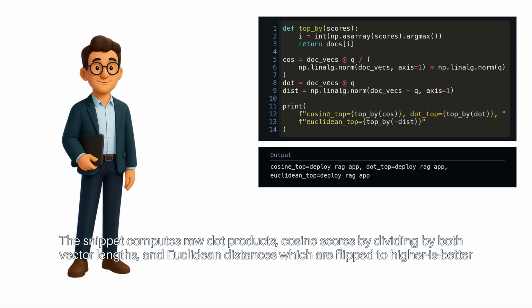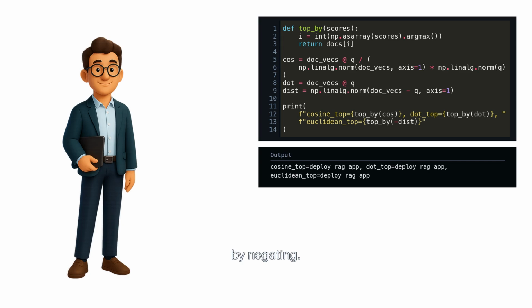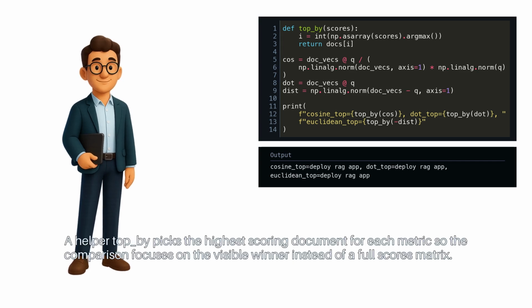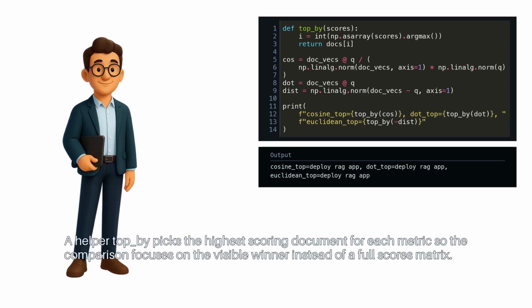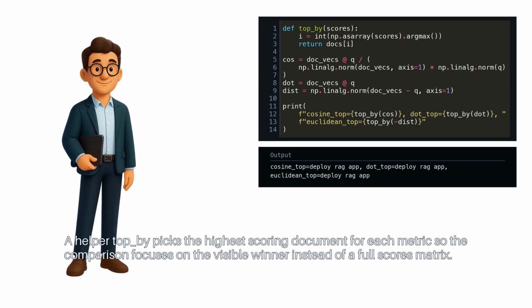The snippet computes raw dot products, cosine scores by dividing by both vector lengths, and Euclidean distances, which are flipped to higher is better by negating. A helper, top_by, picks the highest scoring document for each metric, so the comparison focuses on the visible winner instead of a full scores matrix.